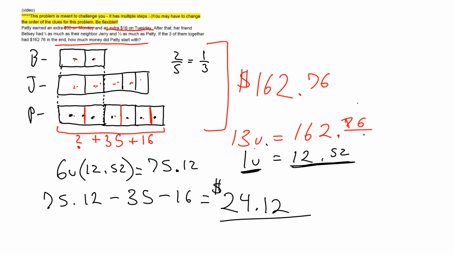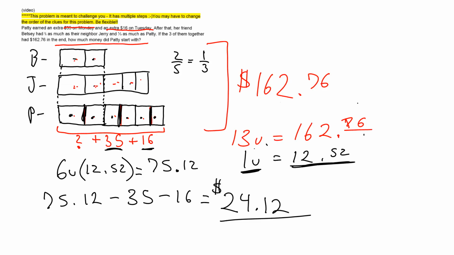We then shared equally, split these units right down the middle, giving us a total of 13 units. We did not know what to assign the 35 and 16 to as far as units go, so we went with what we knew: 13 units equaling $162.76. We did some division and found out that 1 unit equaled $12.52.